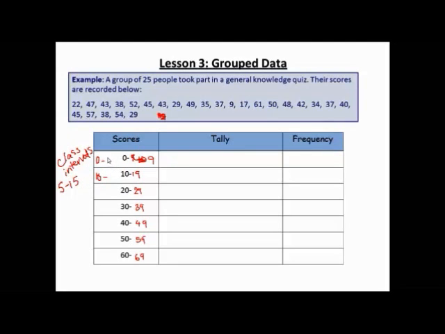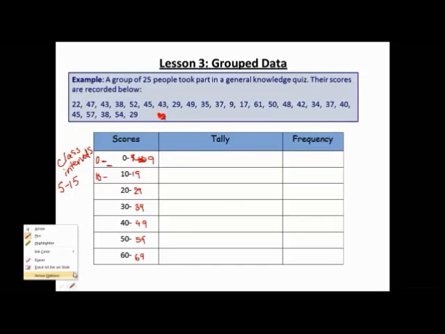So you could have 9.99 or 9.999, so that would go in that first class here. So when you're setting up your frequency table with continuous data, you don't need to put like a second endpoint. You just start with the lowest value that would go in, and you put a dash, and then the next interval would be the lowest value for that interval, and so on.